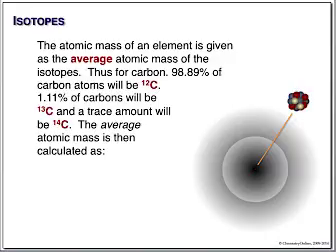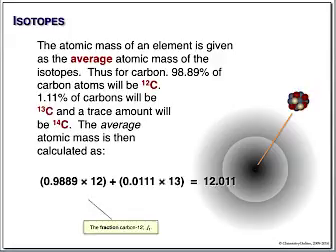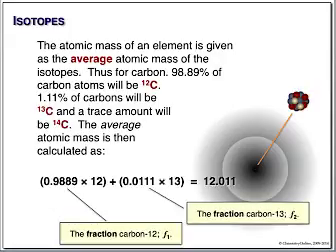Now we can ignore the 14 because it's so small. But if we want to find out the average mass of carbon, what we want to do is simply take the percentage here and convert it into a fraction. If it's 98%, that means it's 0.98. So you're moving your decimal over 2 places, that's all.